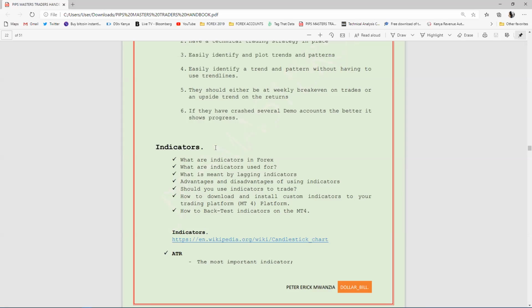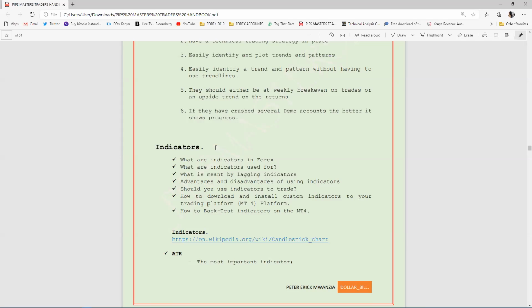Okay. So once you're done with that, you need to be able to plot and analyze the markets with indicators. Okay, this is not important because most of the time you do not use indicators. Most of the people will tell you don't use indicators. Personally, in the strategy we're going to be using, we're going to be using indicators, just a few.